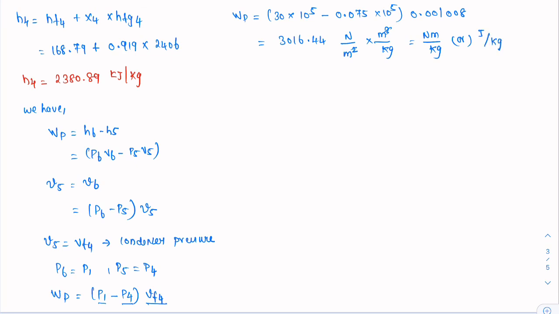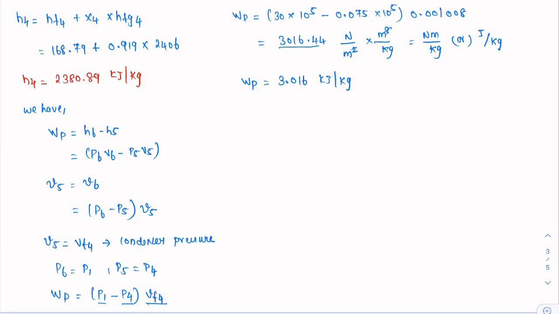Since all the values are in kilojoules per kg, we divide this value by 1000, and you get Wp equal to 3.016 kilojoule per kg.